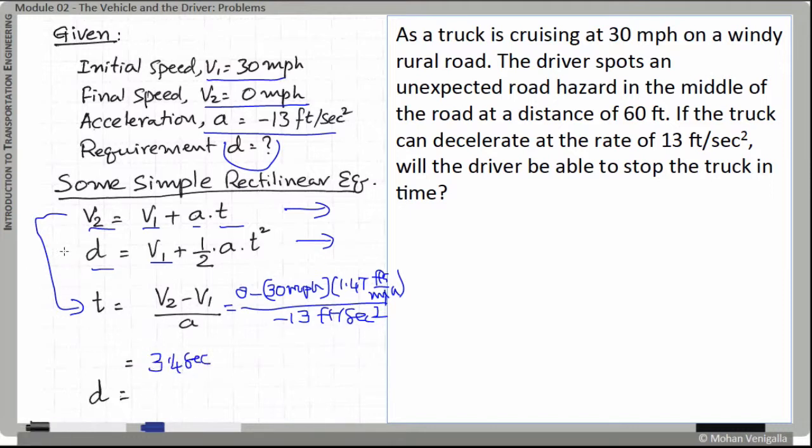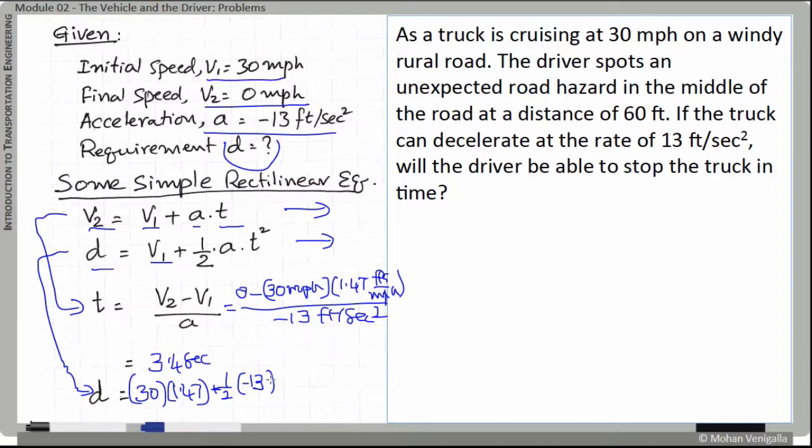Using the second equation, the d value is computed. v1 is 30 miles per hour, and we will use the same conversion of 1.47, plus half a, where a is minus 13.